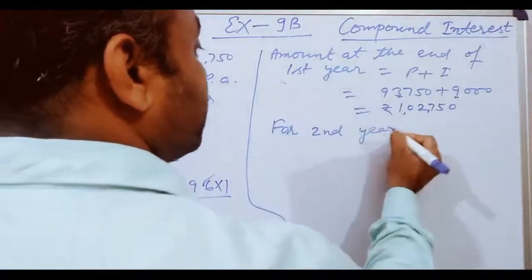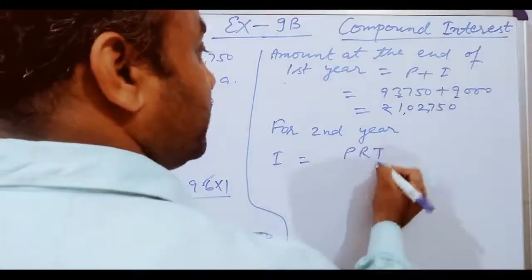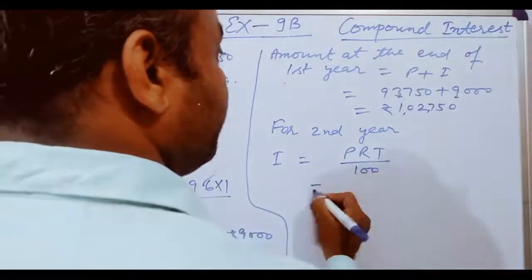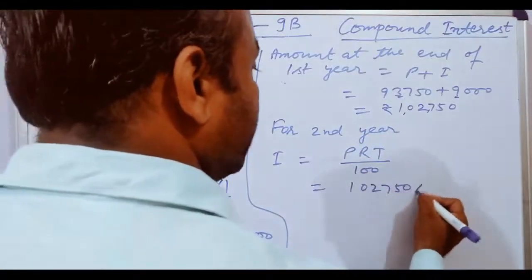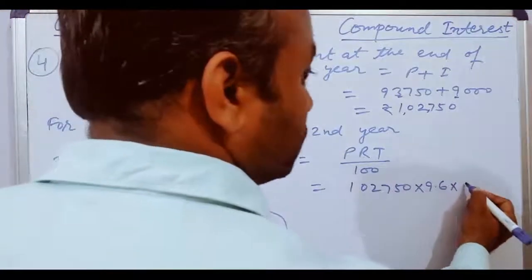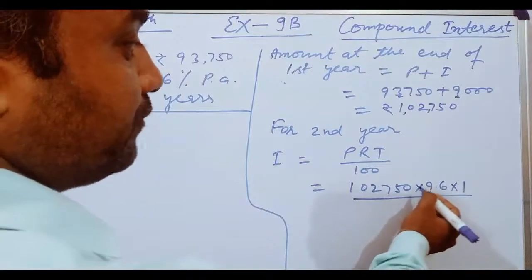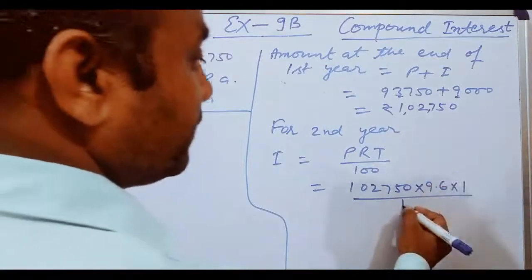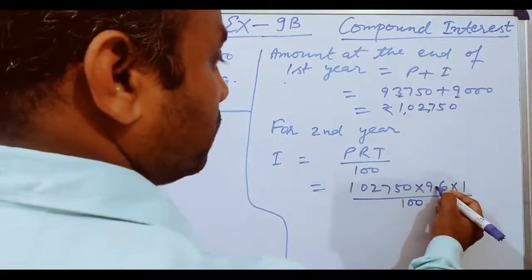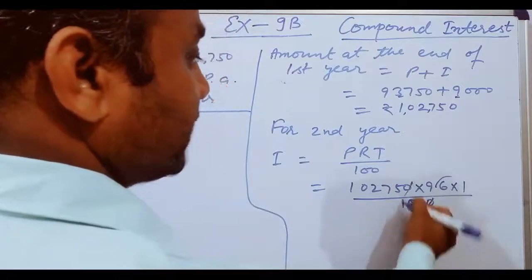For the second year, interest equals PRT upon 100. P means 1,02,750 into 9.6 into 1 upon 100. Now remove the decimal, the zero cancels.